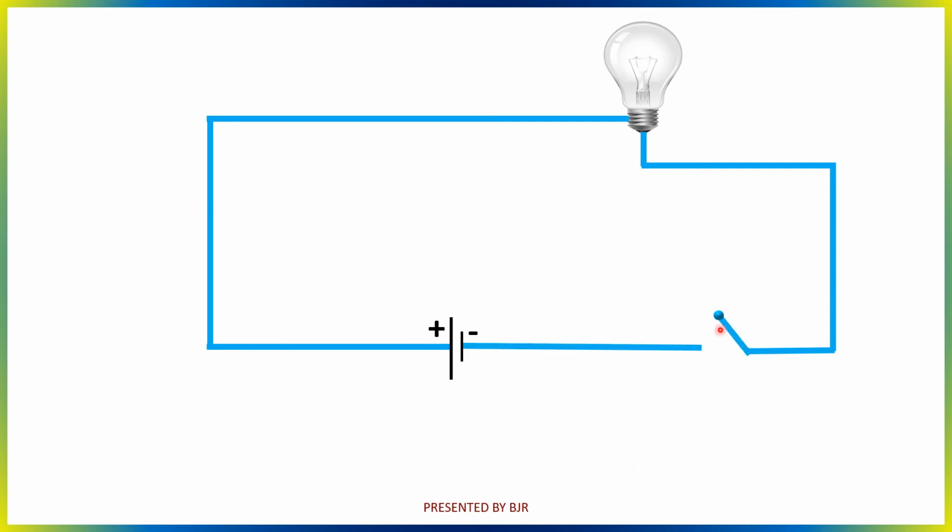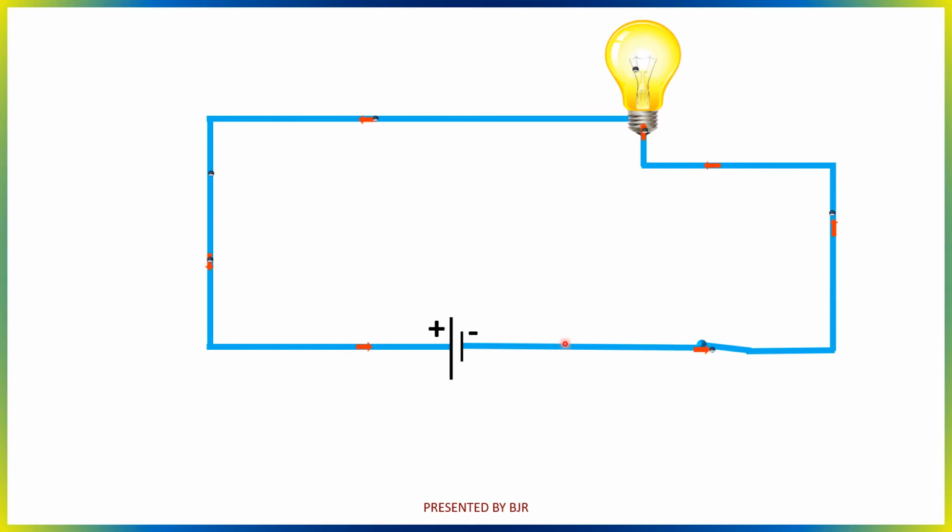Okay. So here the circuit is open. When the circuit is open, no current flows. Let us switch on the circuit. Now the bulb is glowing. See here how the free electrons are moving. The free electrons inside the conductor are moving from negative to positive terminal of the battery.